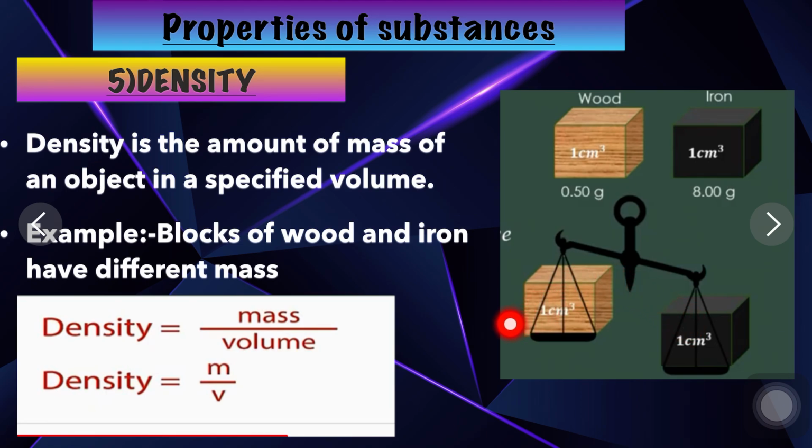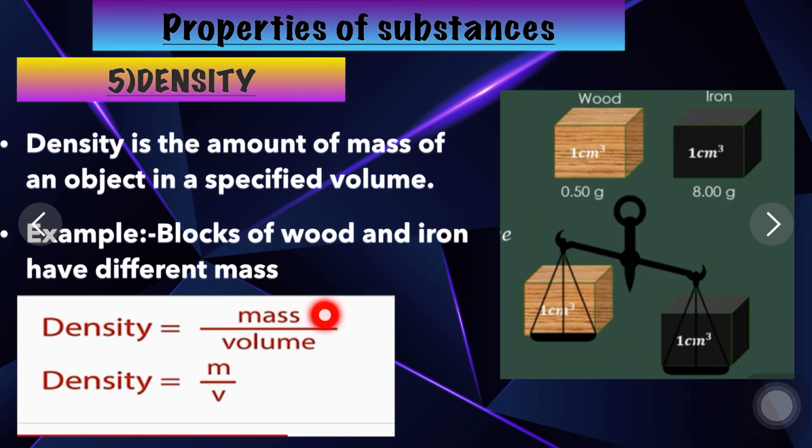Between substances of the same volume, the ones with greater density are heavier than those of lesser density. As you can see, the wooden block is up and the iron block is down during balancing. This shows that the iron block has more density as compared to the wooden block.